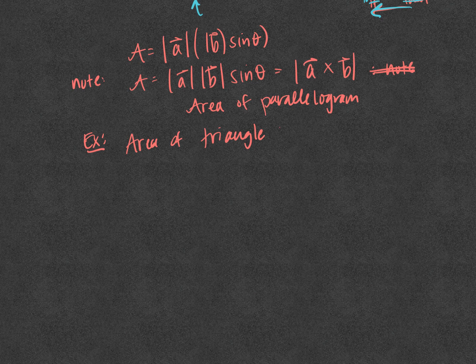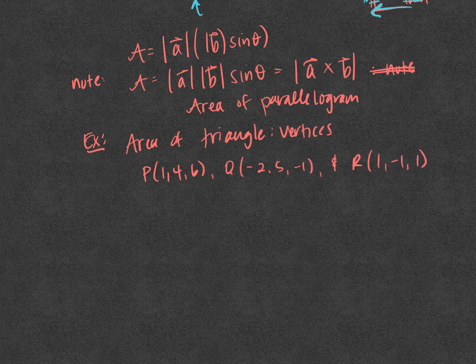With vertices, P is 1, 4, 6. Q is -2, 5, -1. And R is 1, -1, 1.